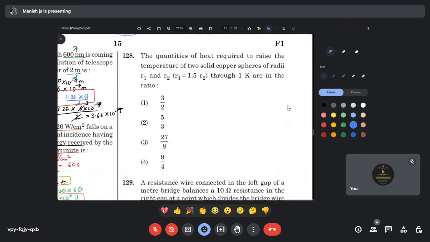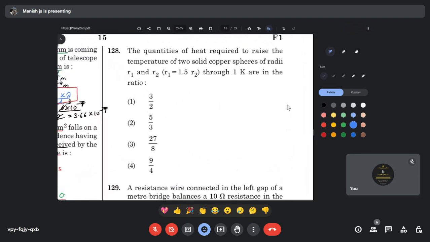Next question, number 128. Just go through the question, just read it. We'll see how to solve.